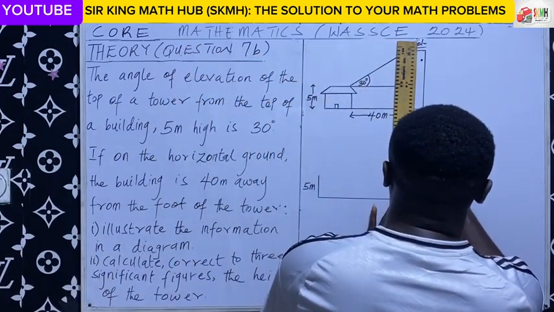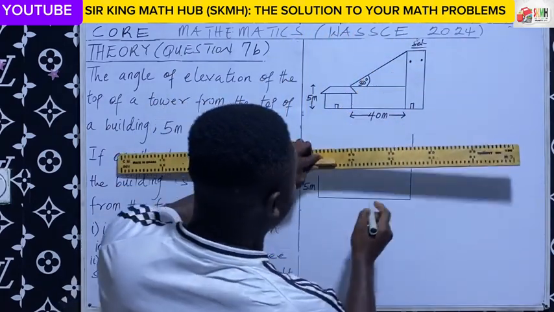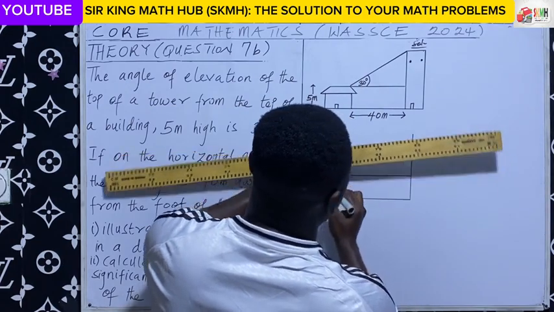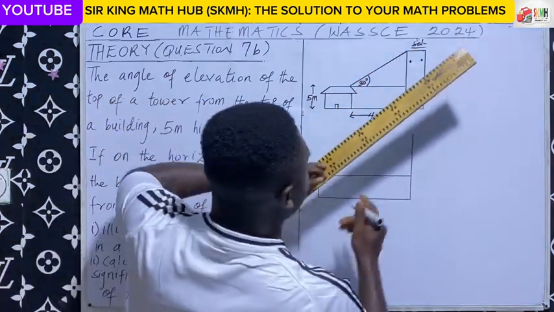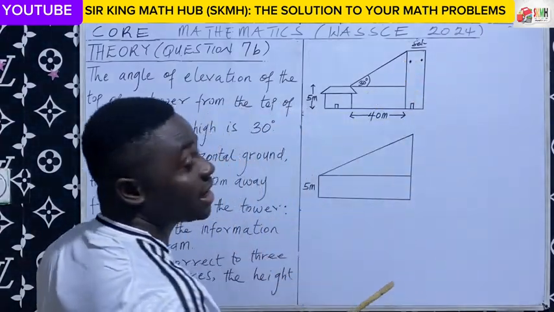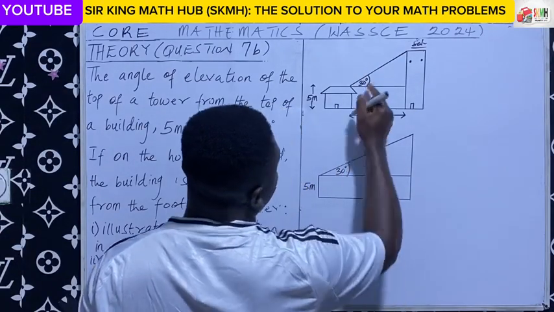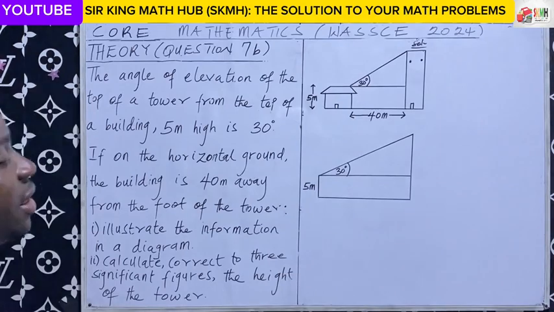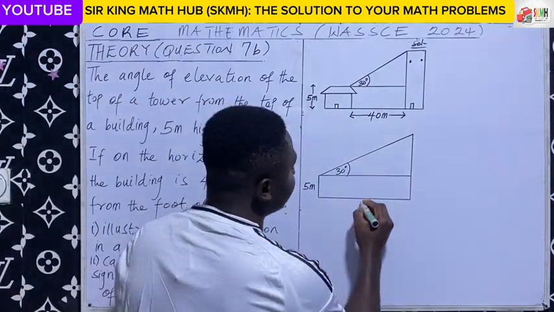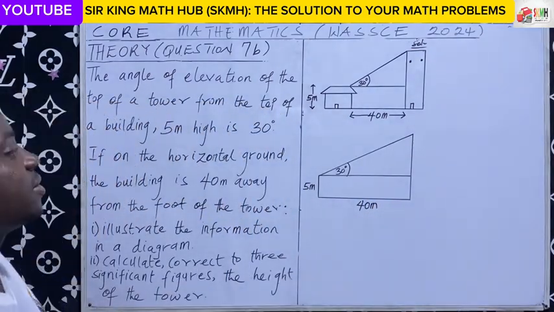This will be our tower. This is the horizontal line of sight. So the angle above the horizontal line of sight becomes the angle of elevation, which was given as 30 degrees. And then the distance between the foot of the tower and the building was given as 40 meters.